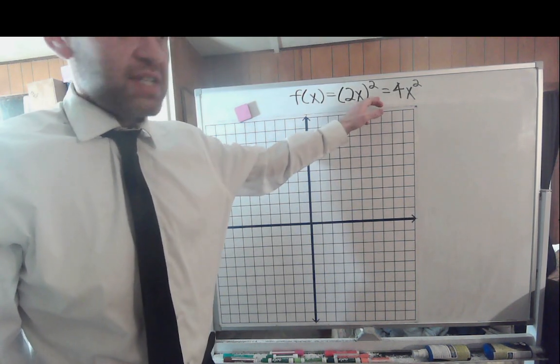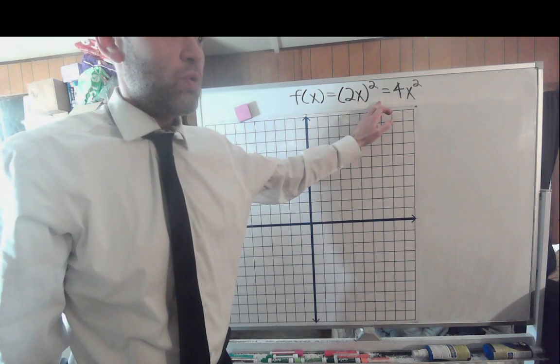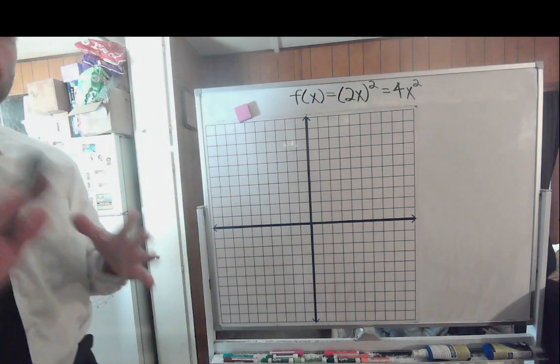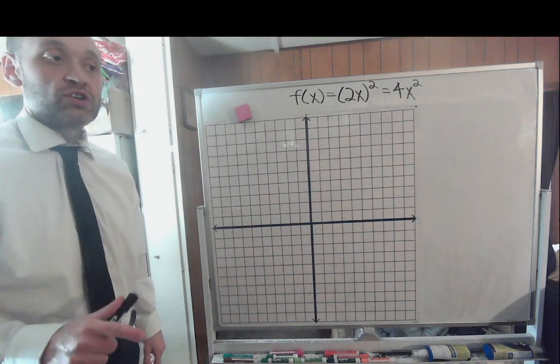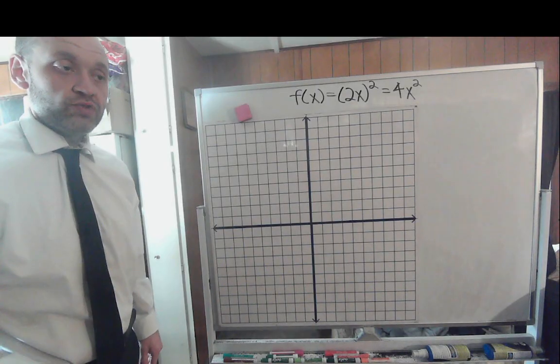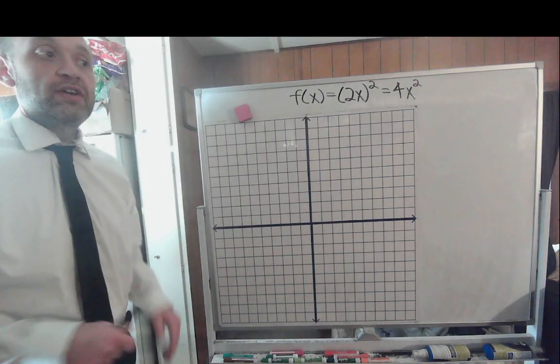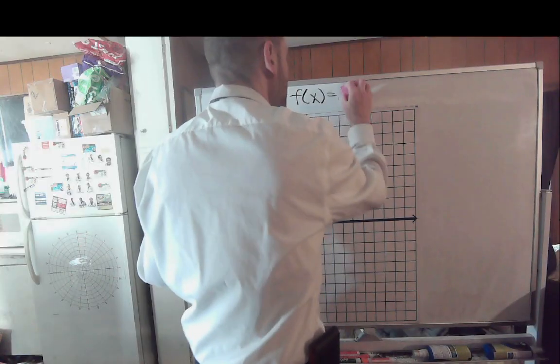But if you take this to the second power, this horizontal shrink would also turn into a vertical stretch. In fact, with all graphs of functions, anytime you have a vertical stretch, you have a horizontal shrink. Anytime you have a vertical shrink, you have a horizontal stretch. So that's something good to keep in mind.